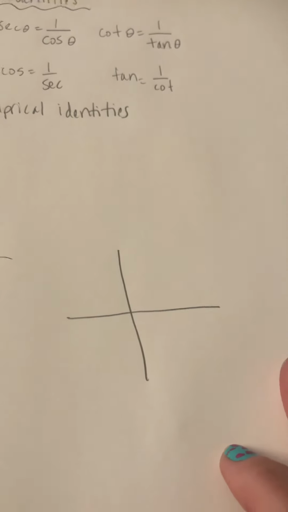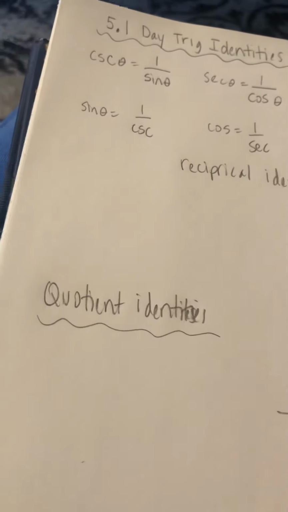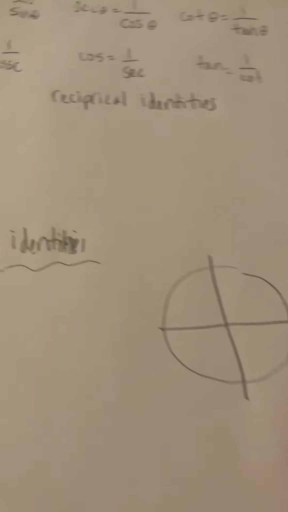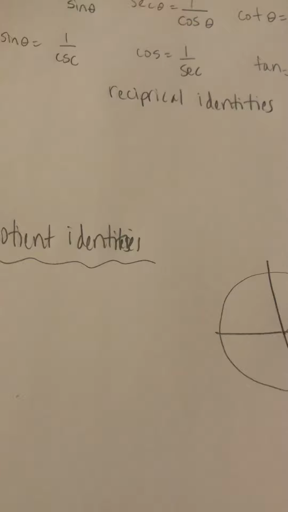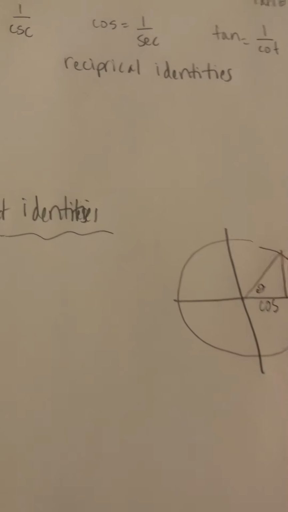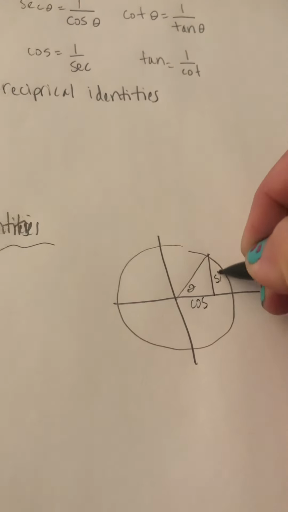Okay, if we look at our unit circle, there's our unit circle. And we have our circle, and we have an angle theta. There's our right triangle, right? If you guys remember, this is a cosine value. This is a sine value.